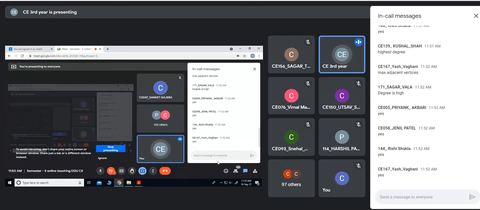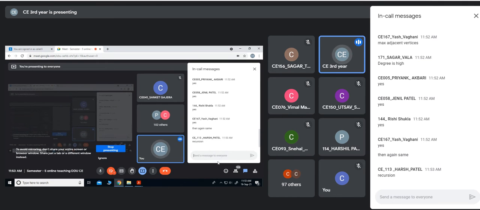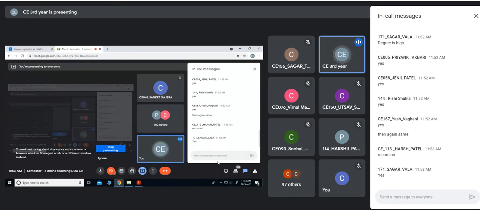I will delete that vertex and all the edges associated with it from the graph, and I will create a new graph. In the new graph, you again apply the same process: select a vertex with the highest degree. Yes or no, Sagar? Is this not like a recursion, but repetition rather? So that would be a greedy idea.